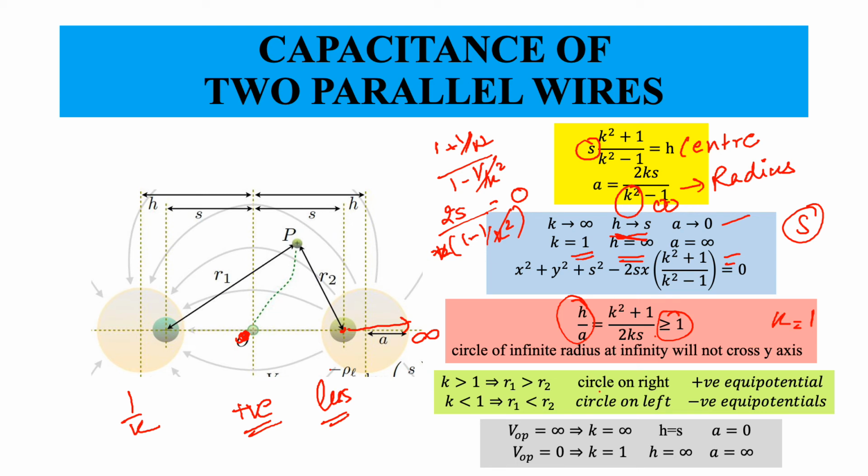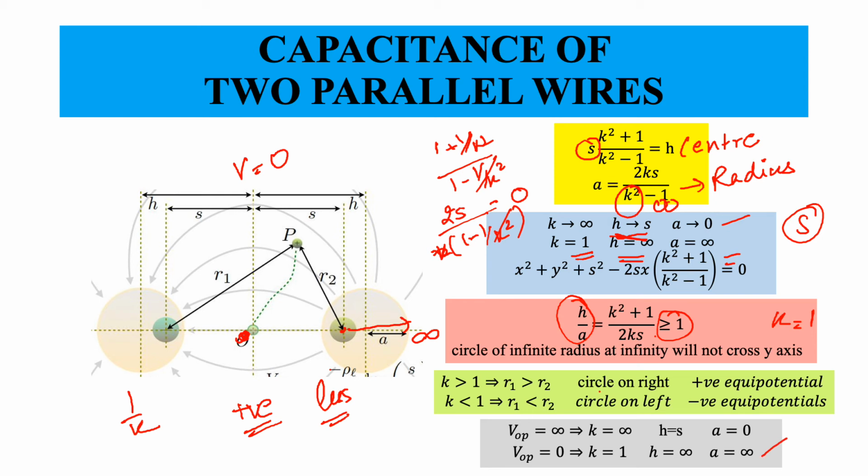Similarly, when V0 is 0, which is really the y-axis, where my potential is 0, the picture implies that k is equal to 1 and h equals infinity, and the center of the circle is toward infinity, and the radius will also go towards infinity.